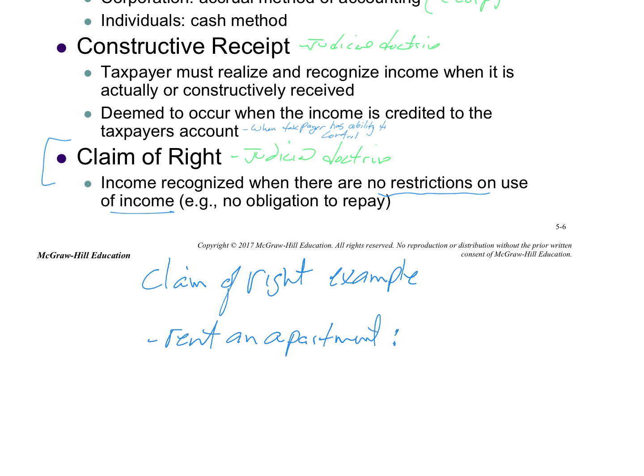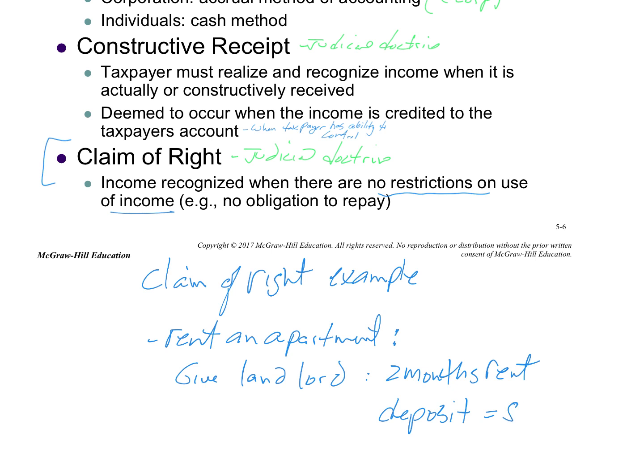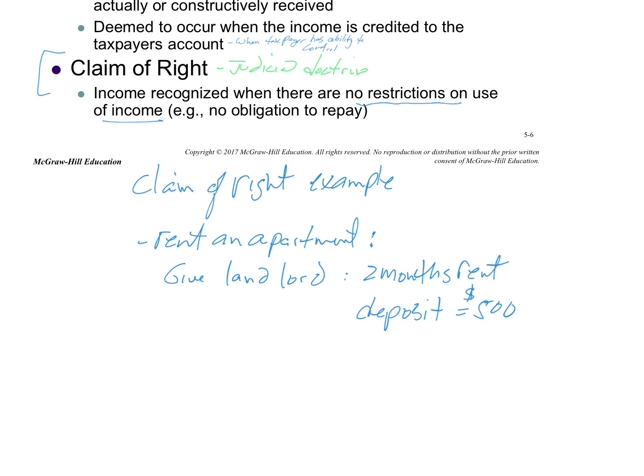So you're going to give your landlord too much rent and a deposit, and we're going to say your deposit is $500. Okay? So your landlord receives 2 months rent and $500 from a deposit.